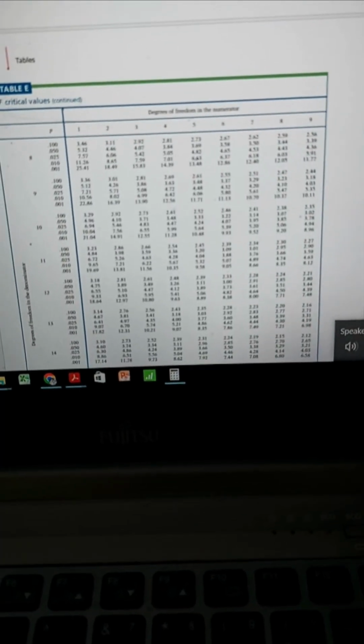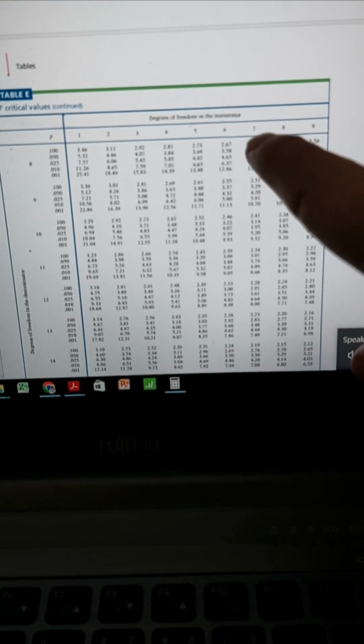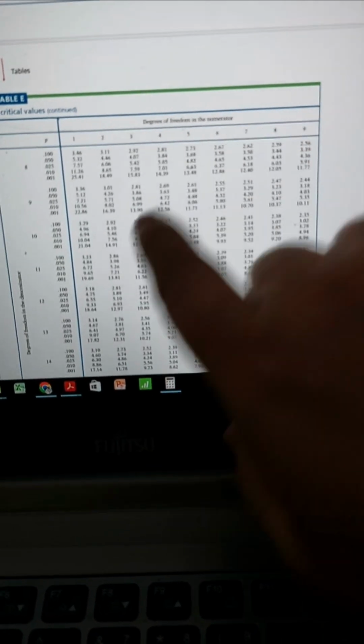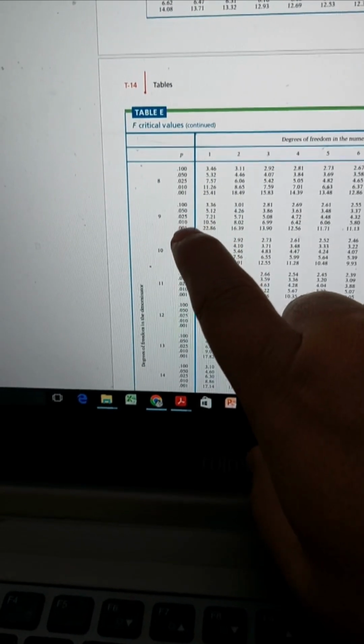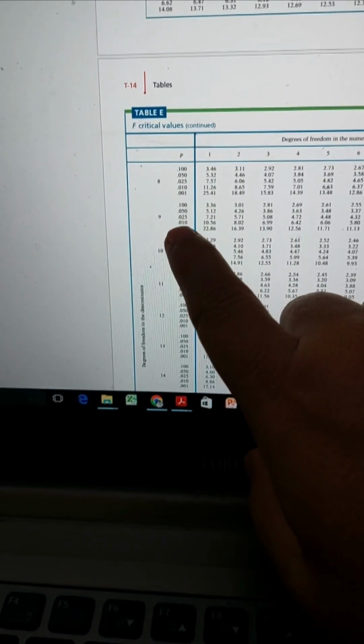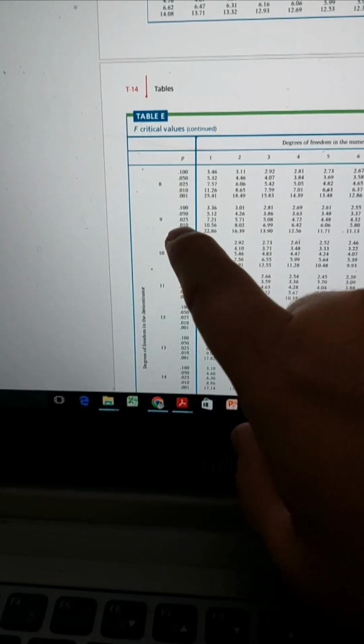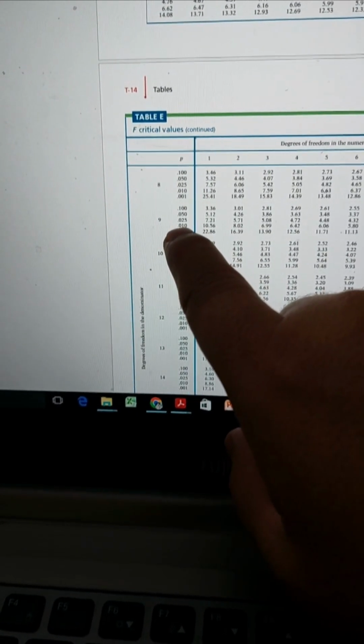Now the numerator is 7 and the denominator is 9. This is the degree of freedom for the denominator, and we want it for the probability level of 0.01. So this is 9 and in front of it is 0.01.